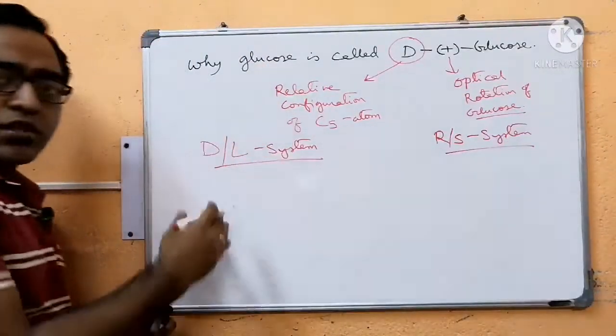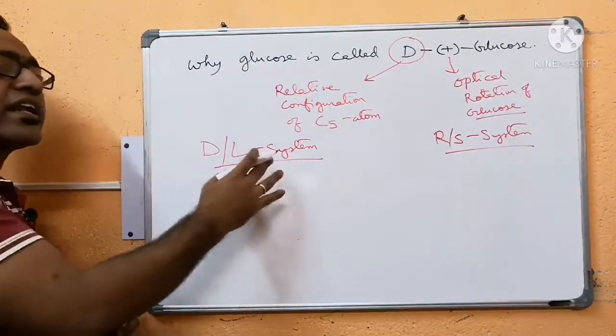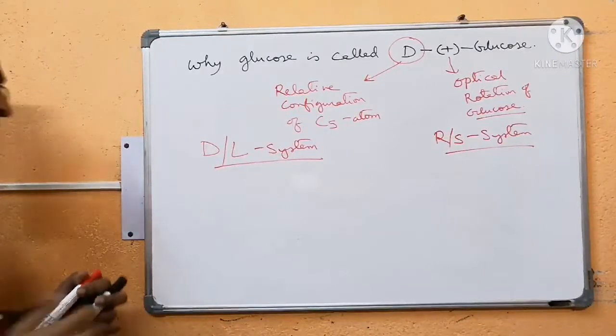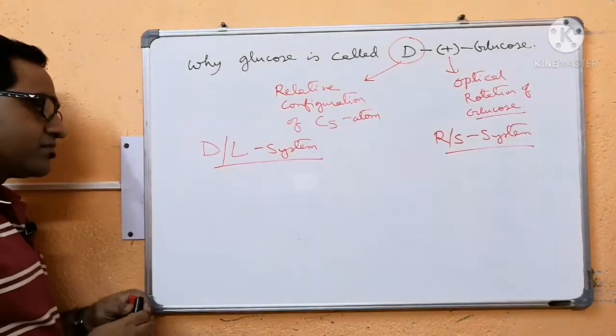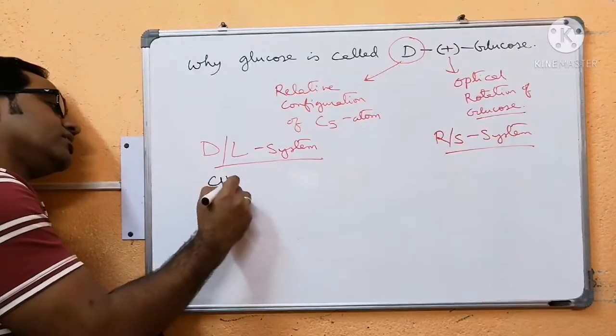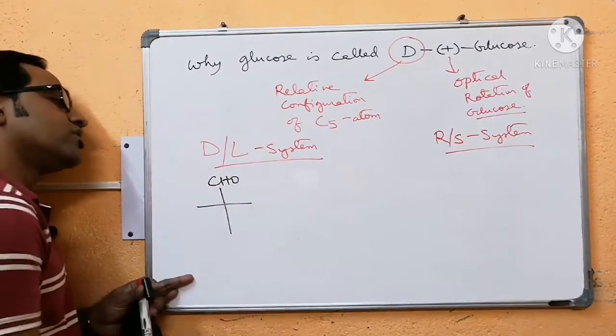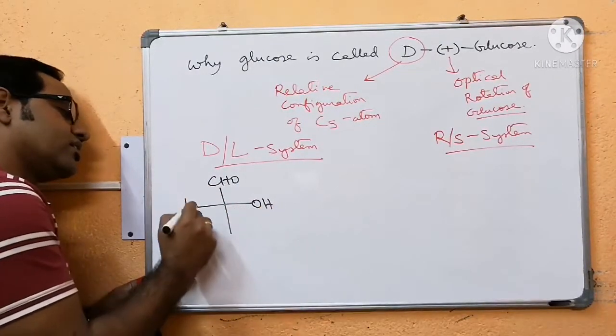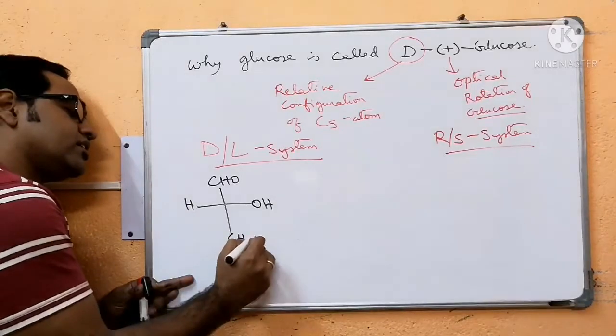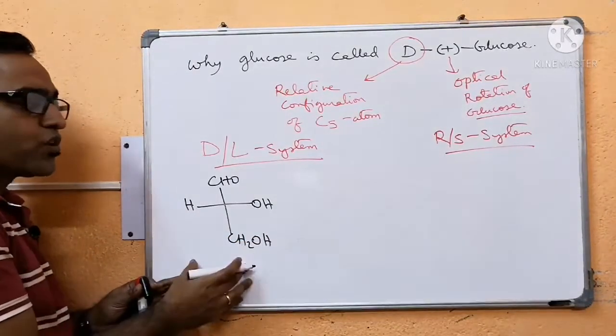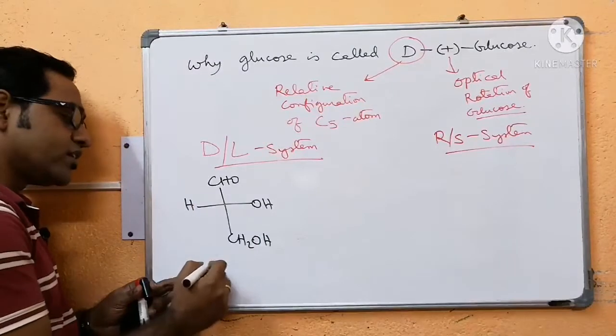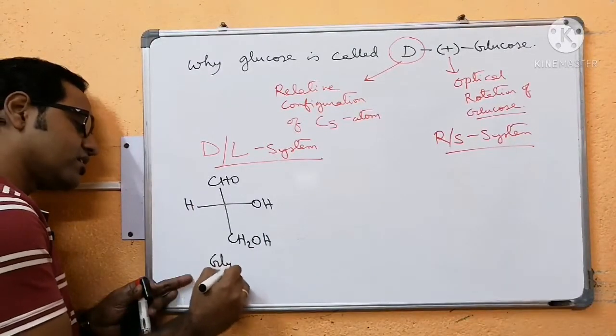Okay. Now in this video I will tell you about D and L. CHO, OH, H, CH2OH. This is the smallest carbohydrate, glyceraldehyde.